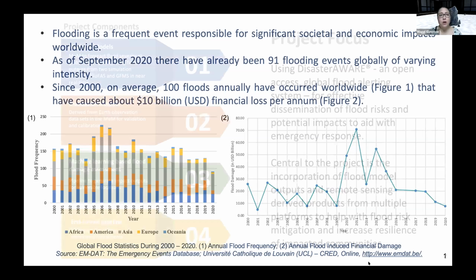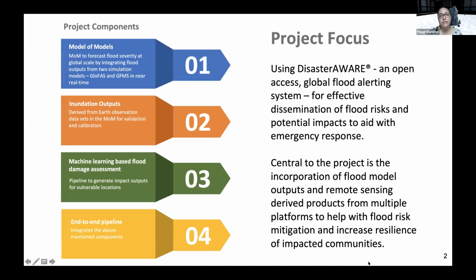The focus of our project includes 4 major components. It uses Disaster AWARE, which is the PDC's open access global flood alerting system for effective dissemination of flood risks and potential impacts to aid with emergency response.